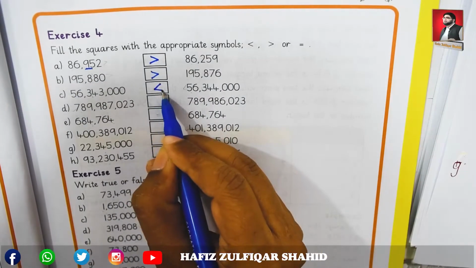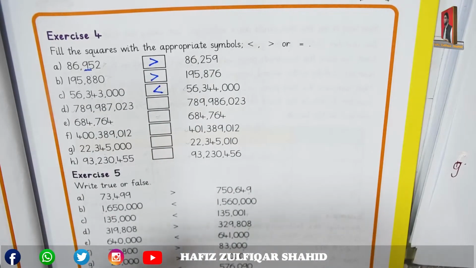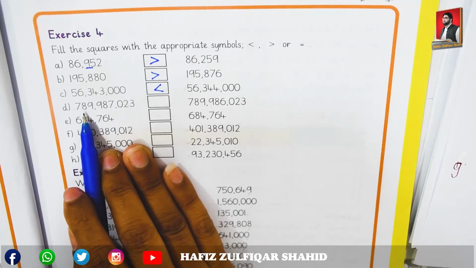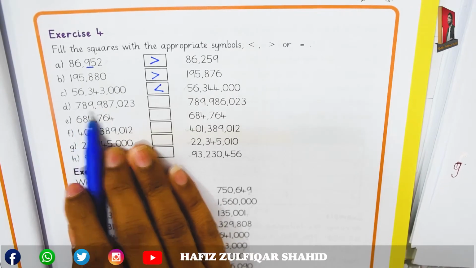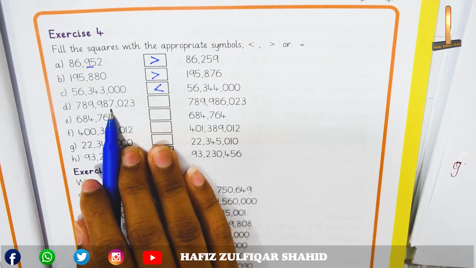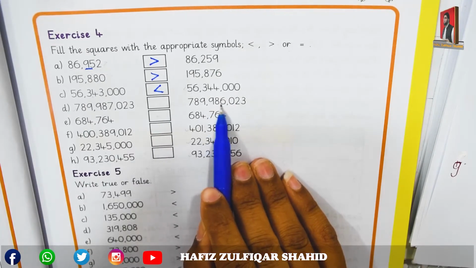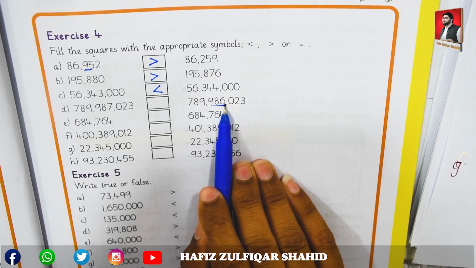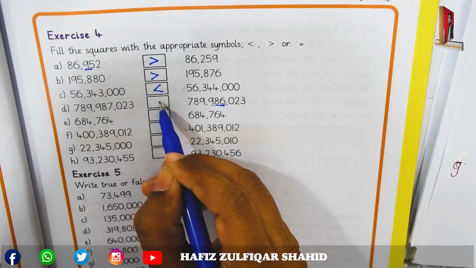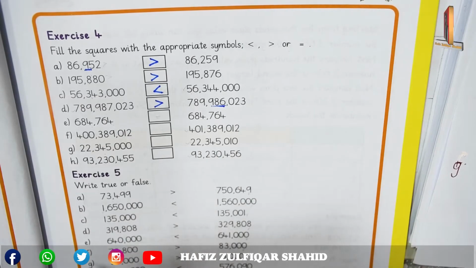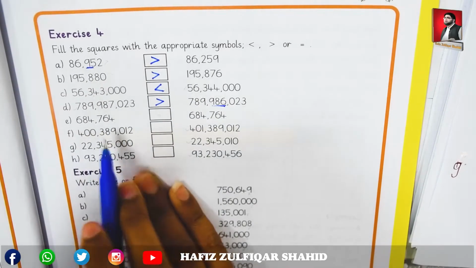It means we can say 344,000 is greater than 343,000. The next one is 789,987, and here you can compare, you can see clearly we have 986,000. This shows that 87,000 is greater than 86,000.